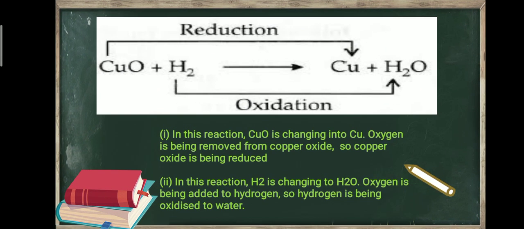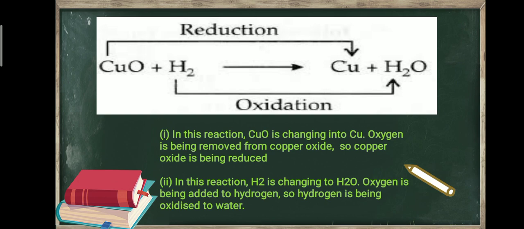Now we are taking this example to understand what is a redox reaction, what is oxidation and what is reduction. In this reaction, on the reactant side we have copper oxide, but on the product side we have only copper. So copper oxide is changing into copper, and oxygen is removed from the copper oxide, and the loss of oxygen is known as reduction.